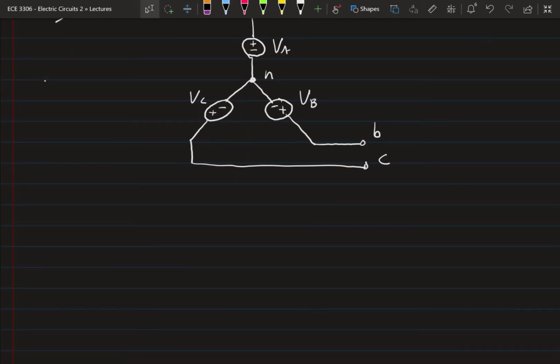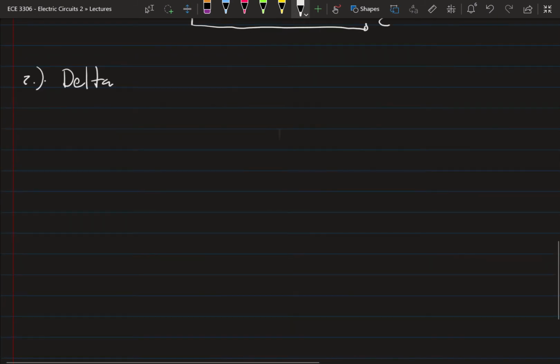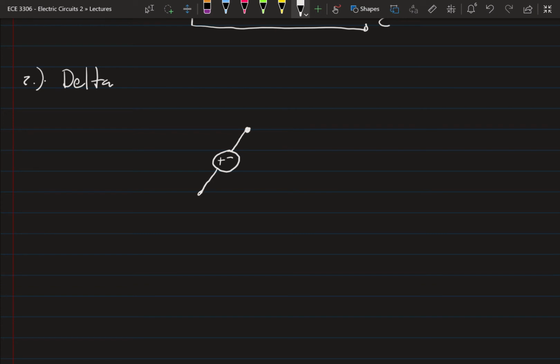And the second one, I bet you can guess what it is, the delta configuration. In this one, everything forms a triangle. So we have one voltage source connected in a triangle to the next voltage source.